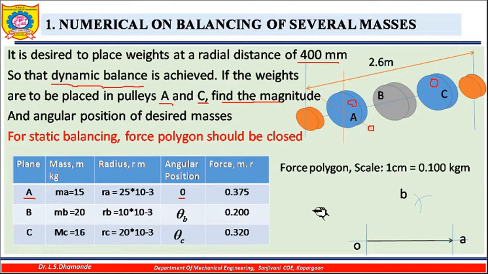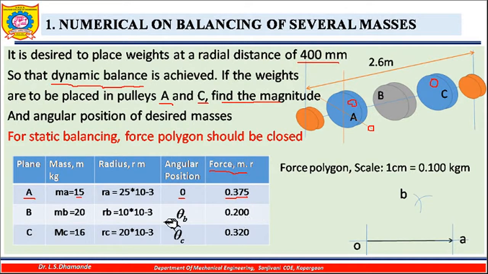For that, we will calculate the magnitude of the force, which is nothing but the product of the mass m in kg multiplied by the radius in meters. This product you will get as 0.375 kilogram meter.